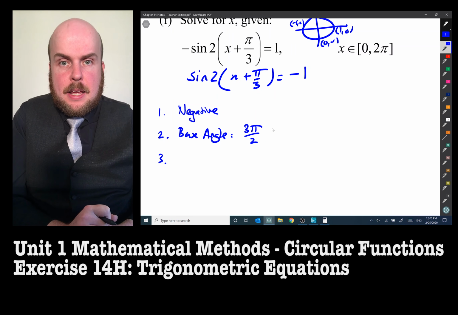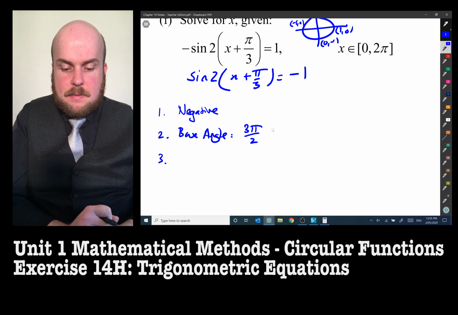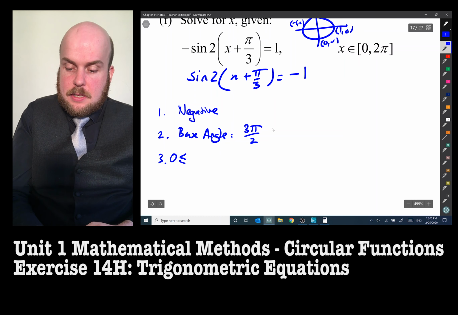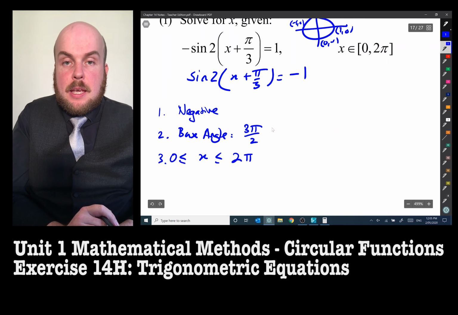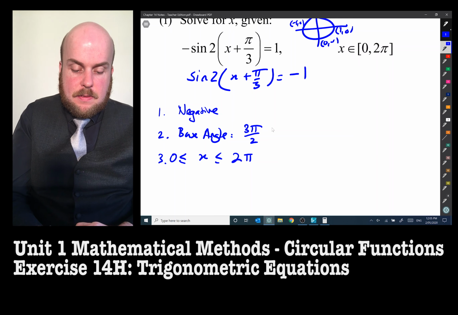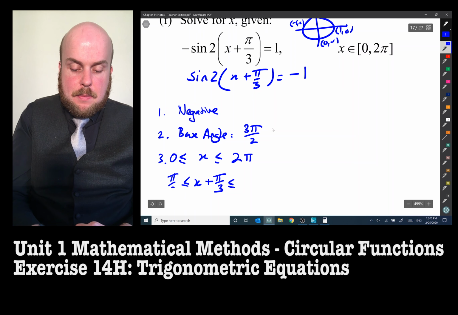Now the domain's a little bit trickier here, and it's best to do it in stages. The original question has asked us to do the values in between 0 and 2 pi. Now, we've also translated and dilated. So let's start with the translation first. We're adding pi on 3 on both sides.